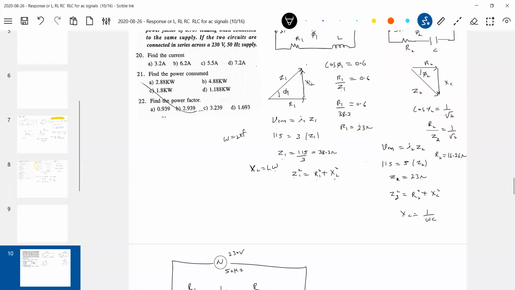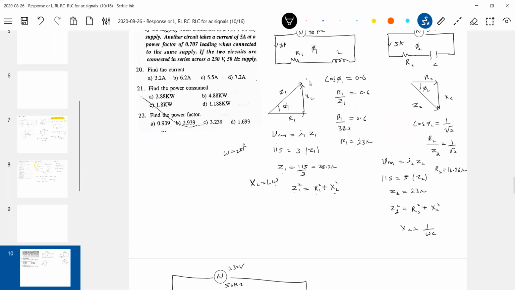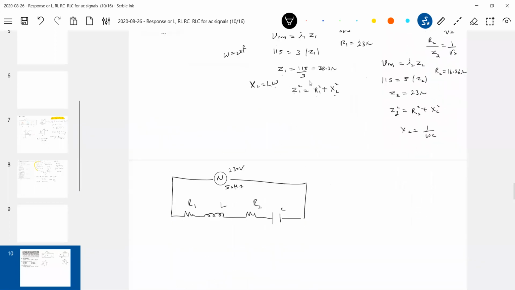Now it is asking for all the things: find the current, power consumed, power factor. Directly what we should do here is go for the triangle. So what should be the triangle now? XL minus XC. No need to calculate L and C value. And this should be R1 plus R2. And this should be the total impedance.